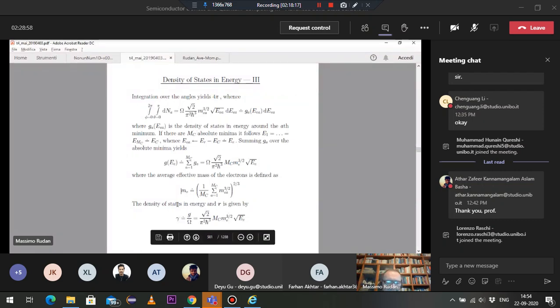The density of states is very useful because since we have the parabolic band approximation, it is always a square root, and then we can use it in several calculations that are encountered in the theory.